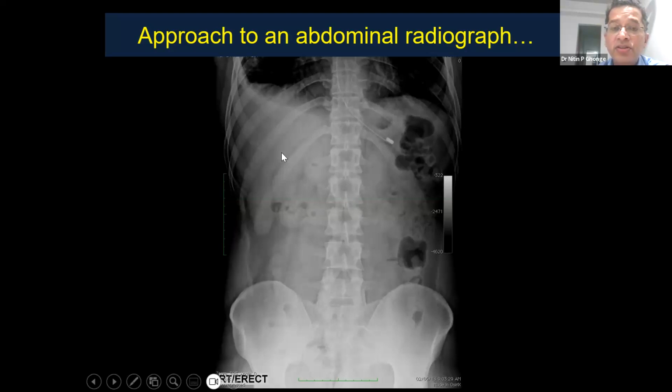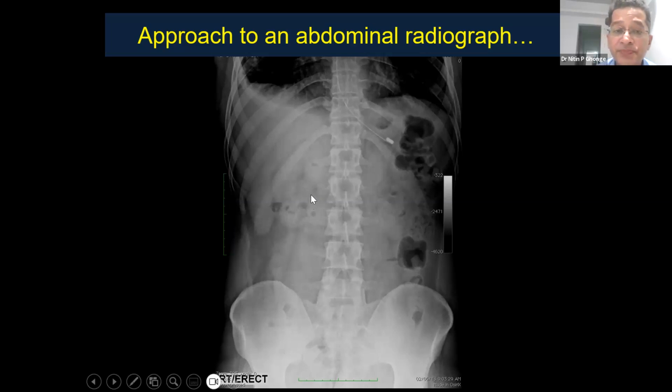From nephrology point of view, you need to be clearly looking at the renal margins, as we can see here on both sides. The margins of the kidneys may be seen to varying extent depending on the retroperitoneal fat. The complete margin may or may not be seen, but here you can make out the margin significantly, mainly along the lower polar region of the right kidney, but not very clear on the left side.